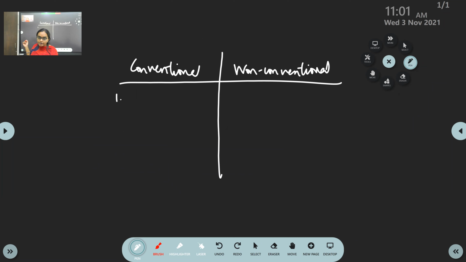Exhaustible or non-renewable, isn't it? Non-renewable, very good. These are non-renewable. What about these? They are mostly renewable.